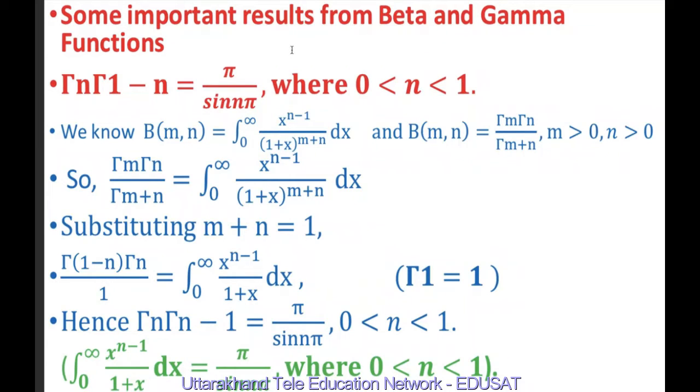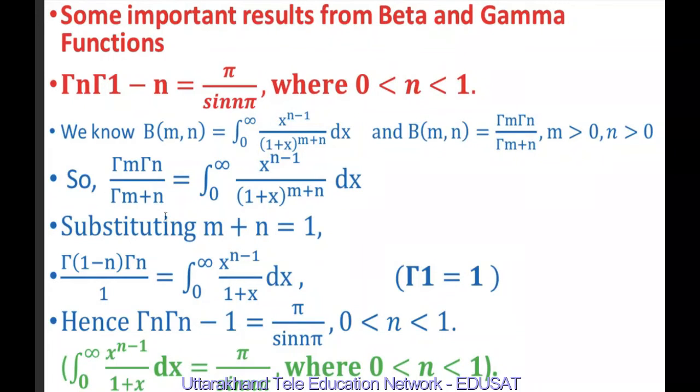Now some important results from beta and gamma functions. Gamma n into gamma 1 minus n is nothing but pi upon sine n pi, where n lies between 0 and 1. We know that the beta function may also be written as 0 to infinity x raised to power m minus 1 upon 1 plus x raised to power m plus n dx, and the beta function is also equal to gamma m gamma n upon gamma m plus n. This we have studied in the previous lecture. So gamma m gamma n upon gamma m plus n is equal to 0 to infinity x raised to power m minus 1 upon 1 plus x raised to power m plus n dx.